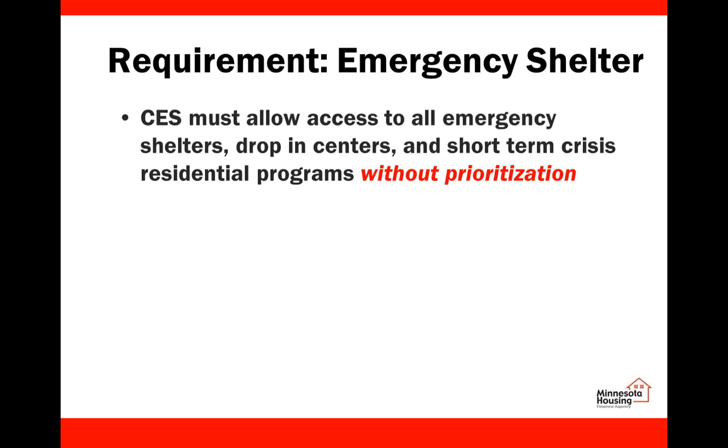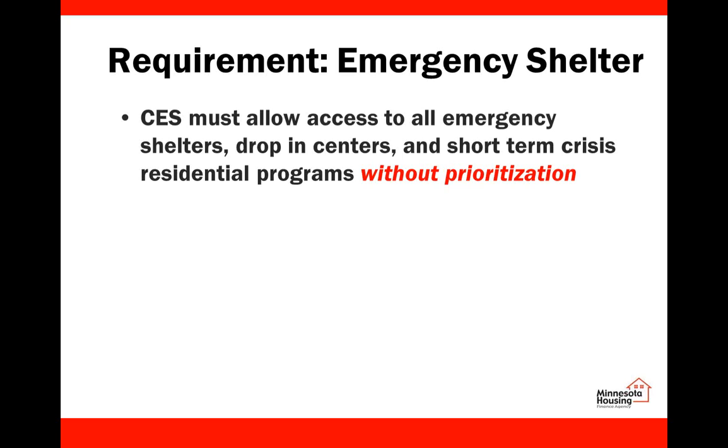Emergency shelter services also must be coordinated with the coordinated entry system. Most coordinated entry systems will use an emergency shelter as an access point, but in those continuums of care that have a different access point, maybe it's 211, a crisis hotline, or some other information referral hotline, and then the person is referred to emergency shelter, there can be no prioritization for emergency shelter in those instances.